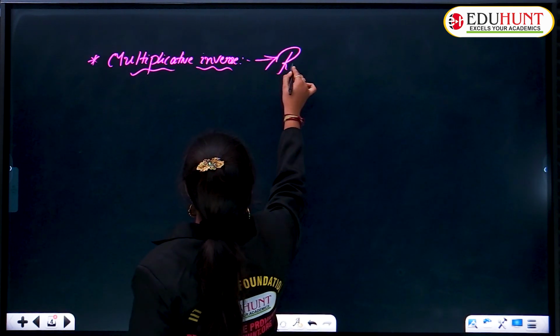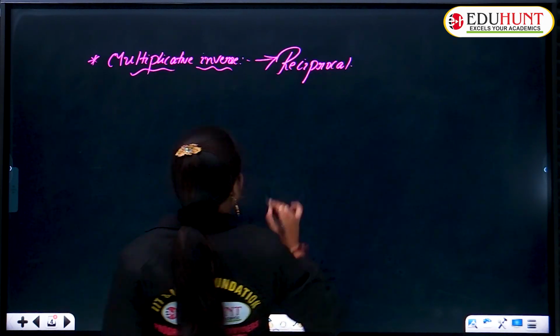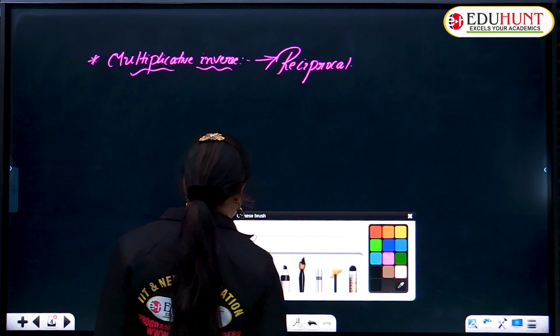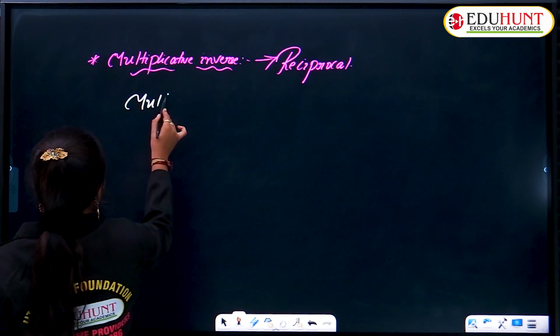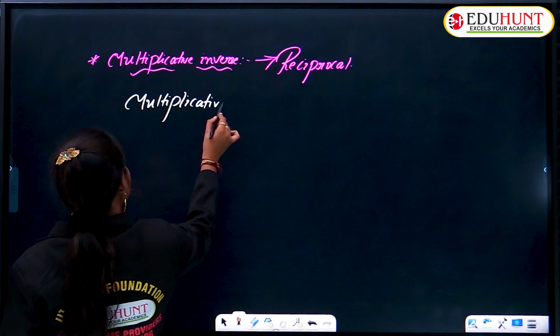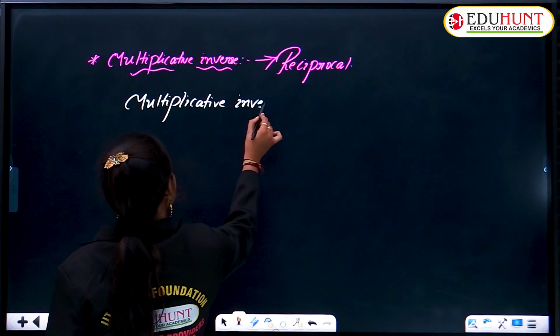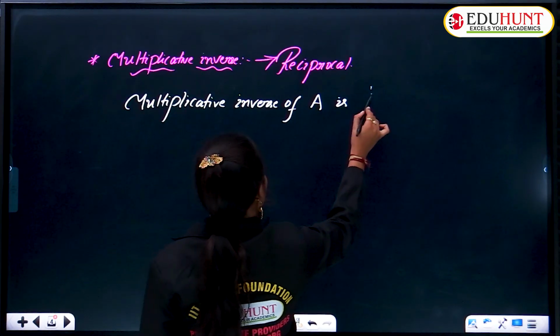Multiplicative inverse is also known as reciprocal. Then what is the condition here? The multiplicative inverse of A is 1 by A.